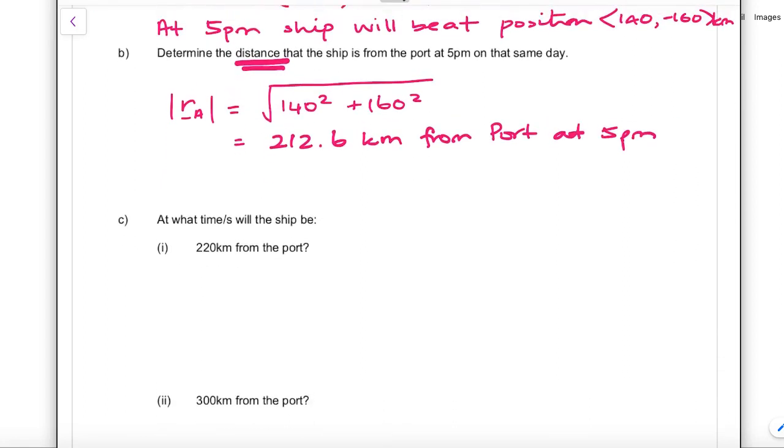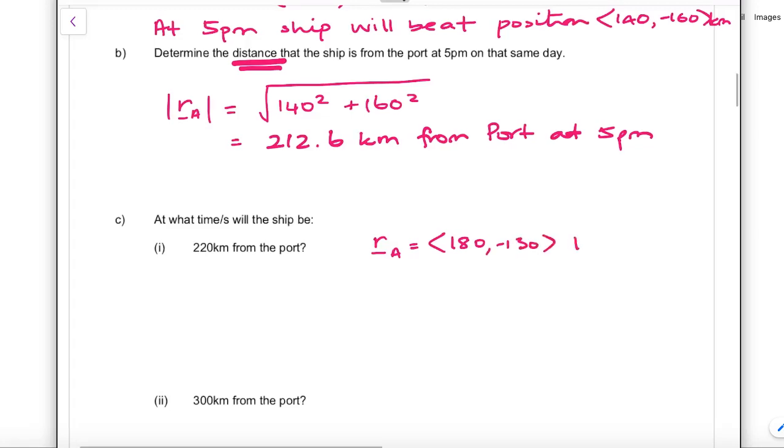We can extend this by actually finding out some times if we know the distance it is from the port, so doing it in reverse. So let's go back to our initial vector that we had describing its movement. We had 180, -130 plus t lots of -8, -6.